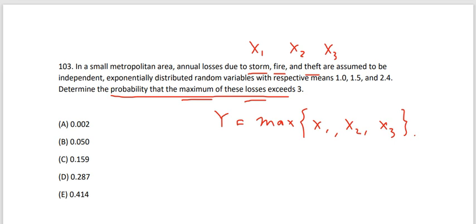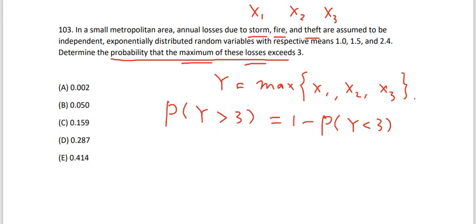So what we want to find is Y larger than 3, right? Exceeds 3. When we're talking about the maximum, we need to change this to less than. When the maximum is less than 3, this means each one is less than 3, right?